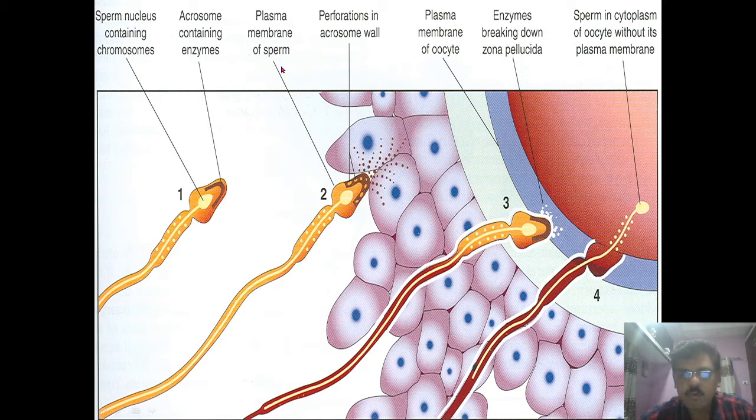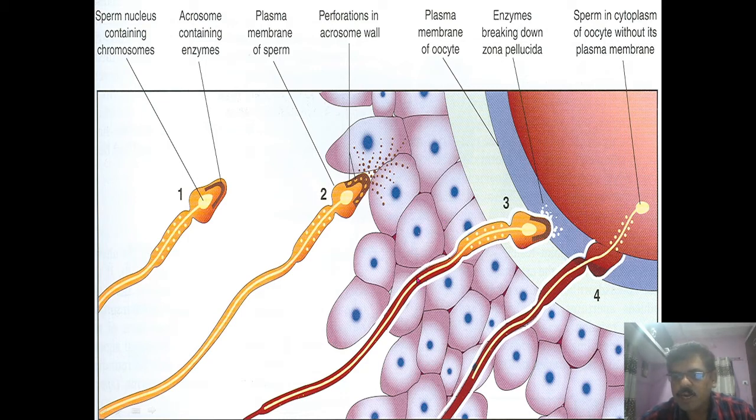These come near to the ovum and bind to the outer follicular cells of the corona radiata, and it releases the acrosomal content, that is the hyaluronidase enzyme, and it breaks down the cells of this corona radiata.